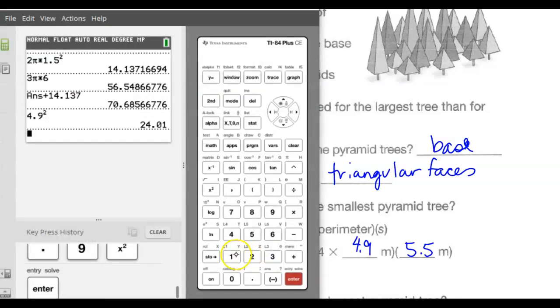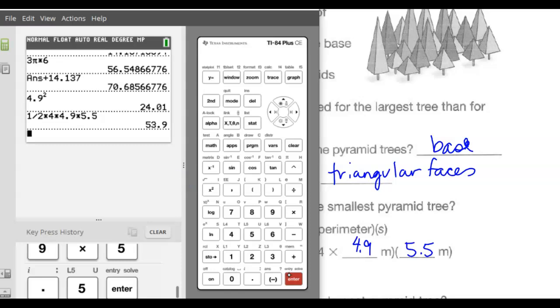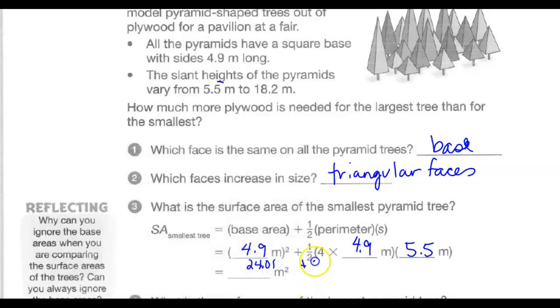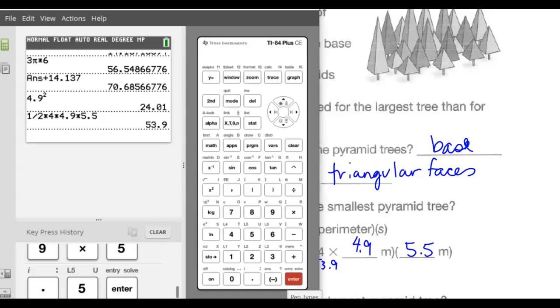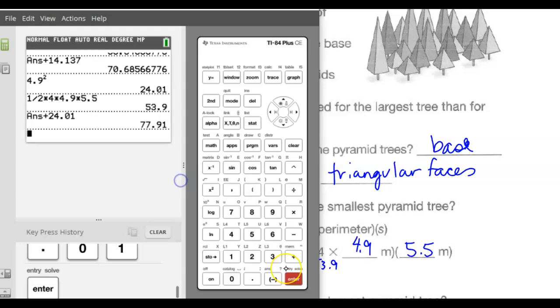And then 1 divided by 2 times 4 times 4.9 times 5.5, 53.9. Then adding them, 77.91.